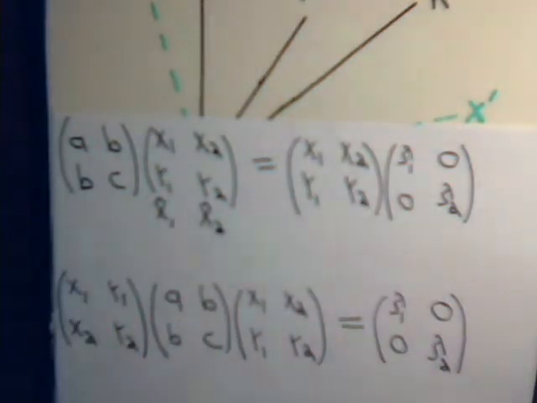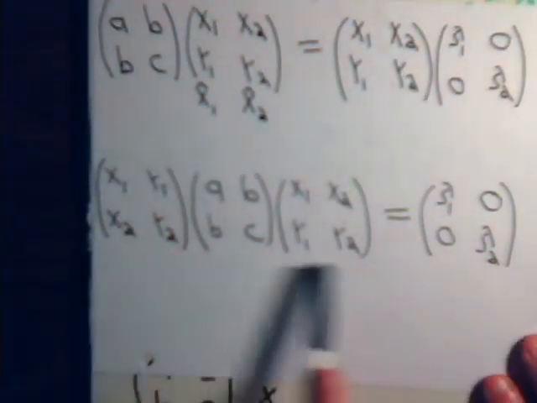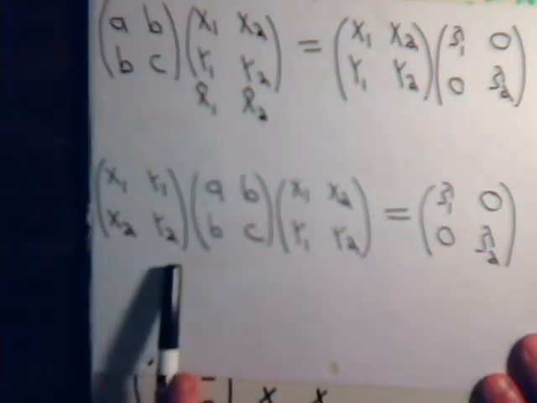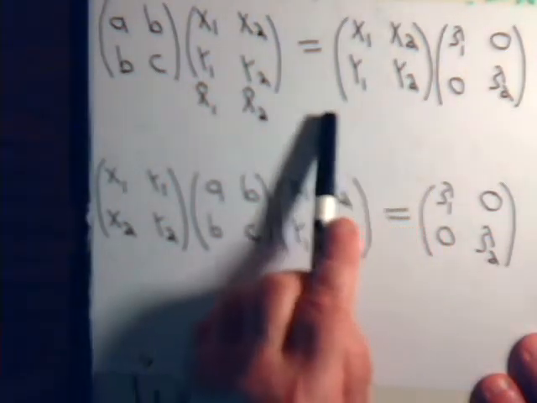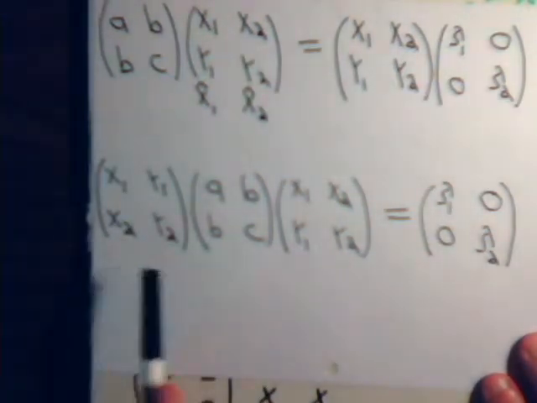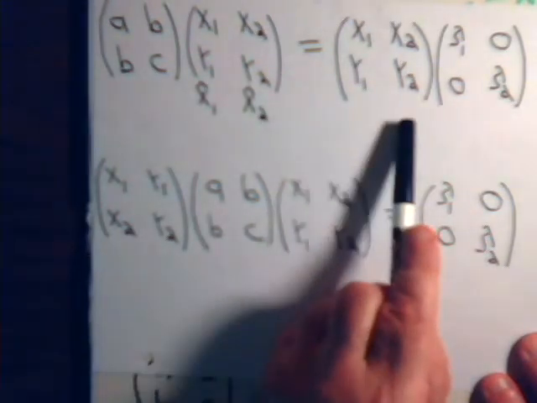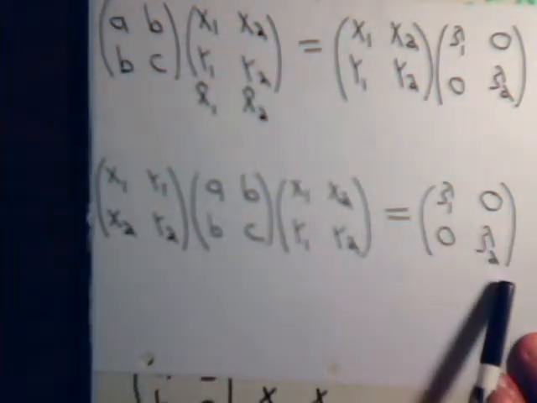So this equation is the same as this equation. This is the transpose of this and is the inverse of it. So we have this times this. This times this inverse is just the identity matrix, gives us this.